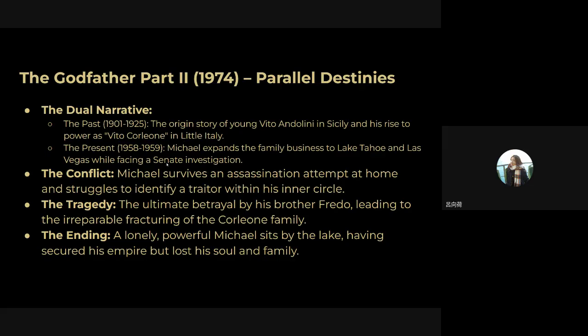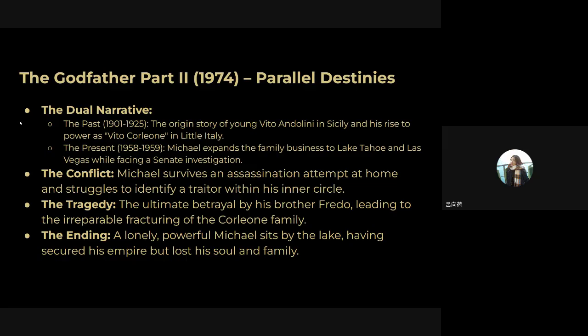The present line is how Michael expands the family business to Las Vegas while facing the Senate investigation. The conflict is that Michael survives an assassination at home, and he tries to identify the traitor within his family. He finds that his brother Fredo was the one who betrayed his family, which leads to the irreparable fracturing of the Corleone family.